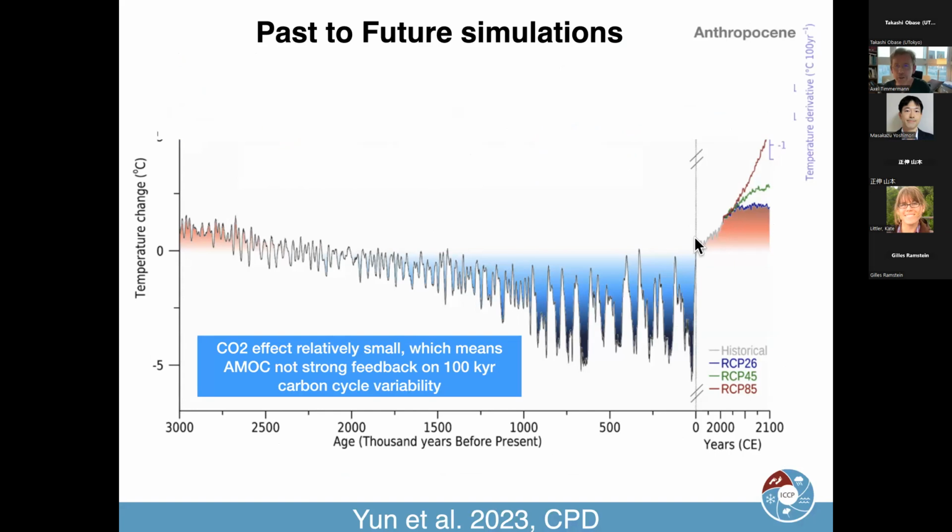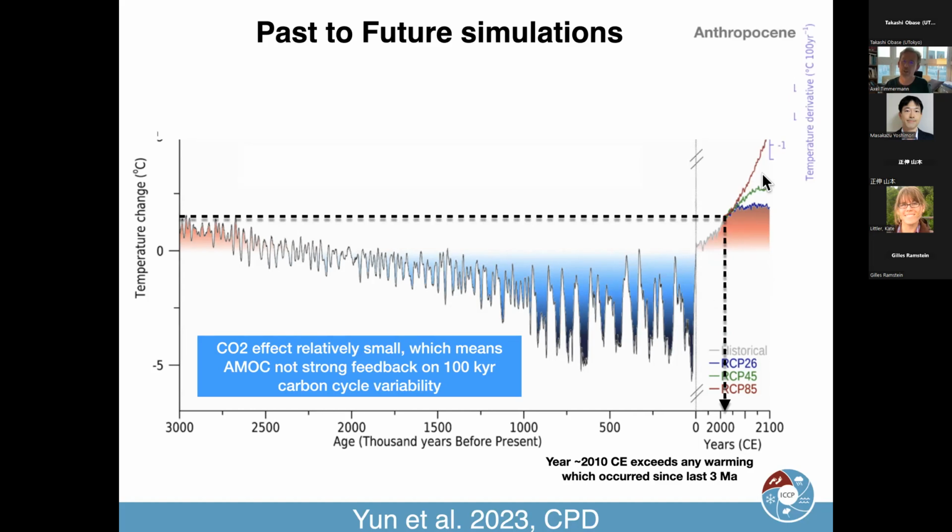With this simulation, we didn't stop only in the Holocene, but we used the same climate model configuration to run some simulations into the future to 2100, just to get an idea of how the recent warming compares to the paleoclimate context.